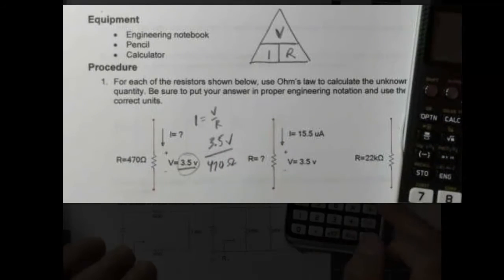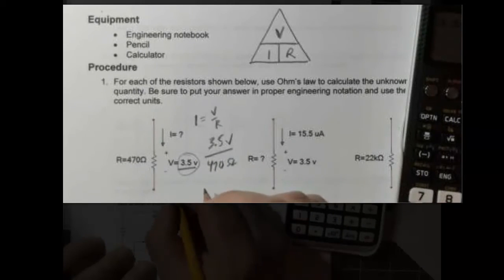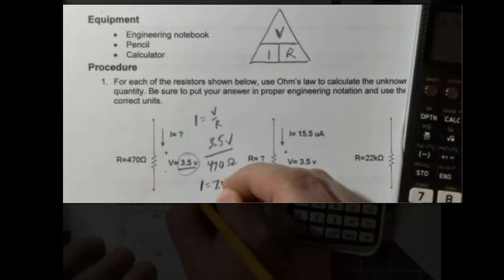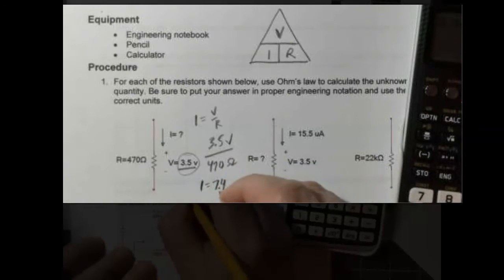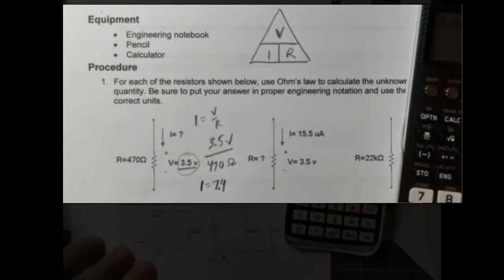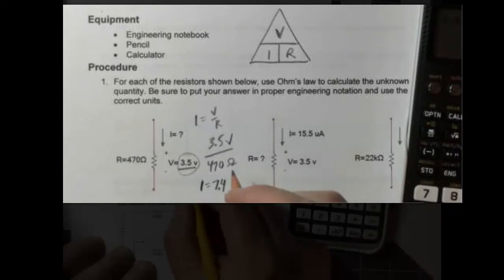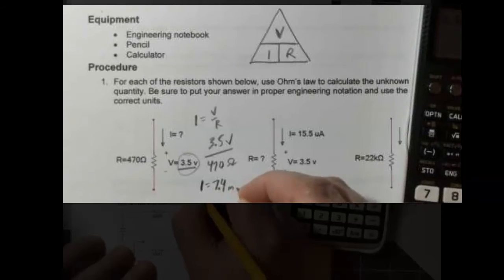On a calculator, it doesn't matter what calculator you're using, 3.5 divided by 470 is equal to 7.4. So I is equal to 7.4, and that is milliamps, so mA.